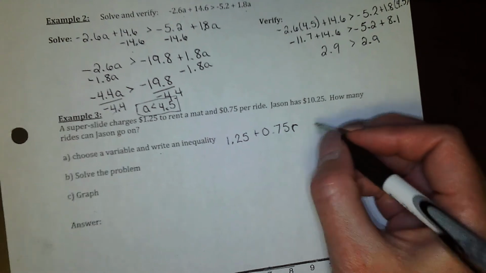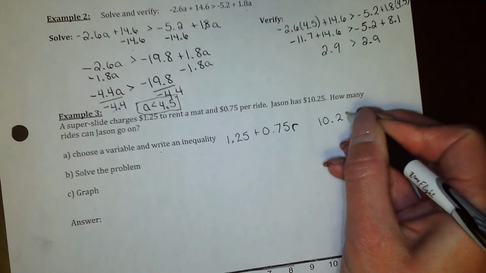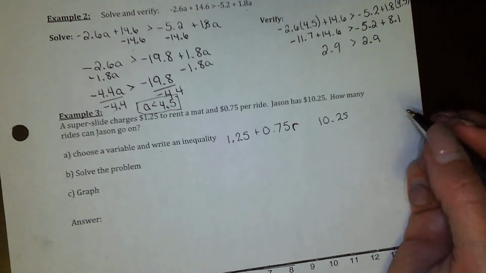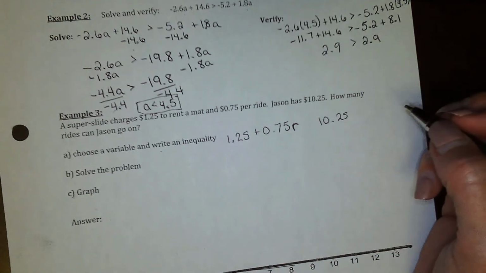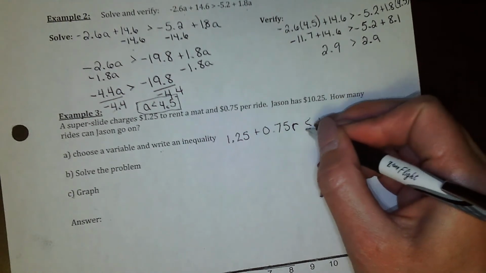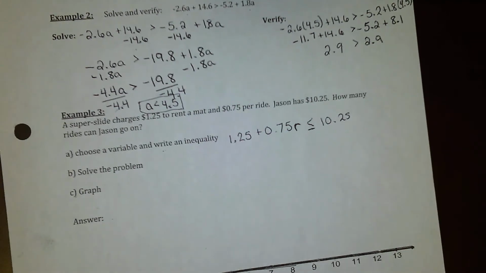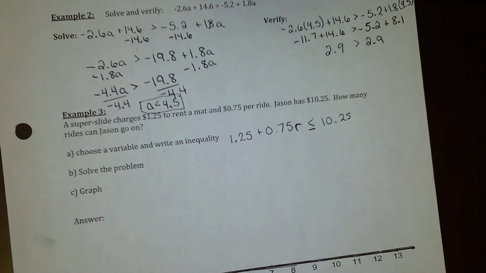Okay. And then he only has $10.25 to use towards rides. So my cost of my rides has to be less than or equal to $10.25 so that I don't run out of money, or I can run out of money but I can't go into debt.